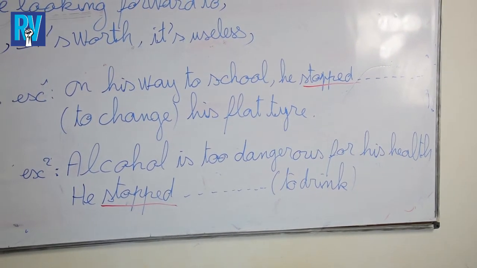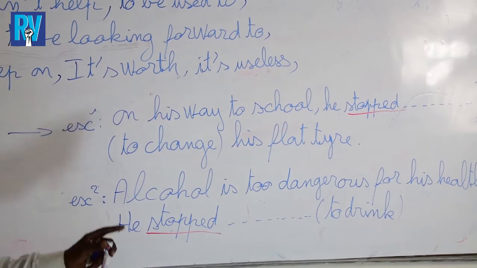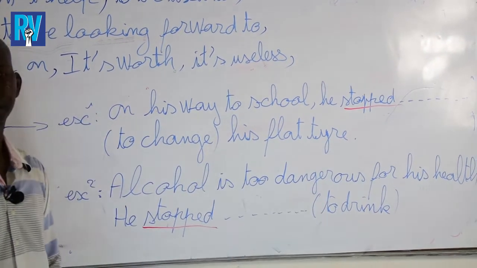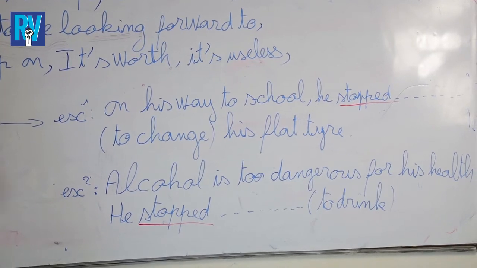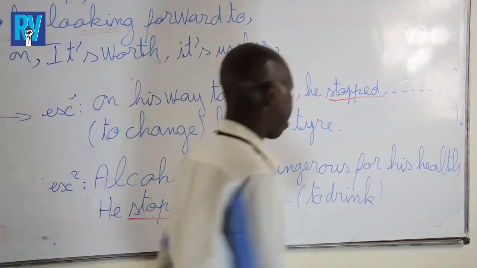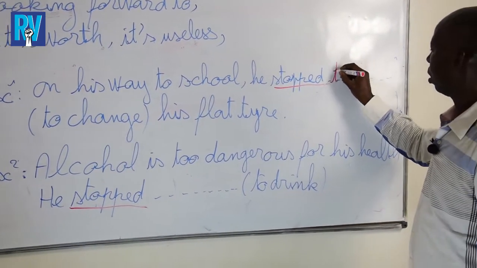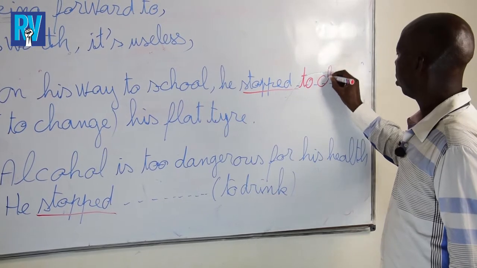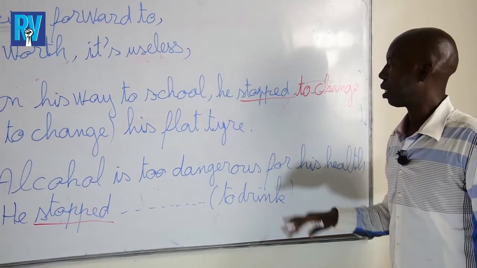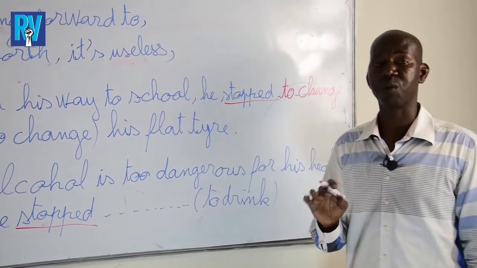Dans la première phrase, on his way to school, he stopped, and we have his flat tire. Alors ici, the verb change must be written with an infinitive, with to. Why? Because this stop does not express a rupture.